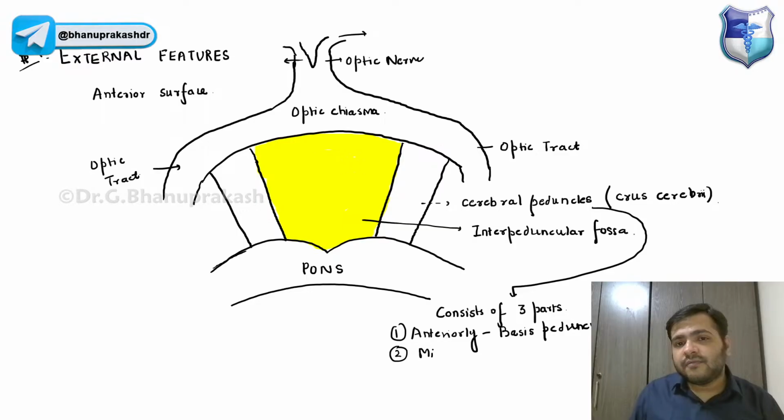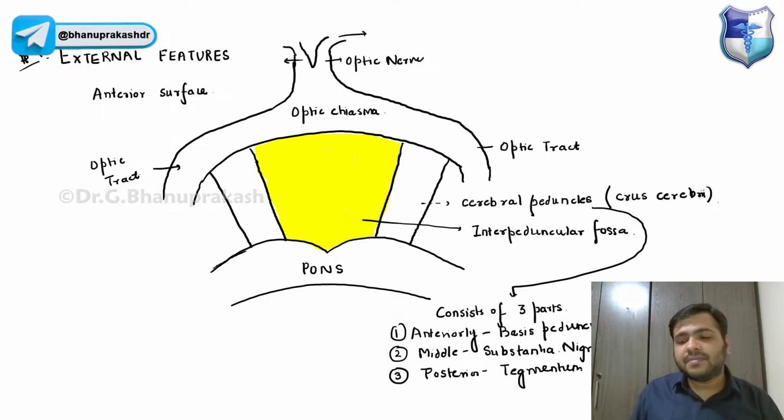Now, in the middle, we have something called substantia nigra. And remember, guys, substantia nigra we have discussed in the extrapyramidal nuclei, right? It is one of the extrapyramidal nuclei. And the third one, the posterior part, we have the tegmentum.